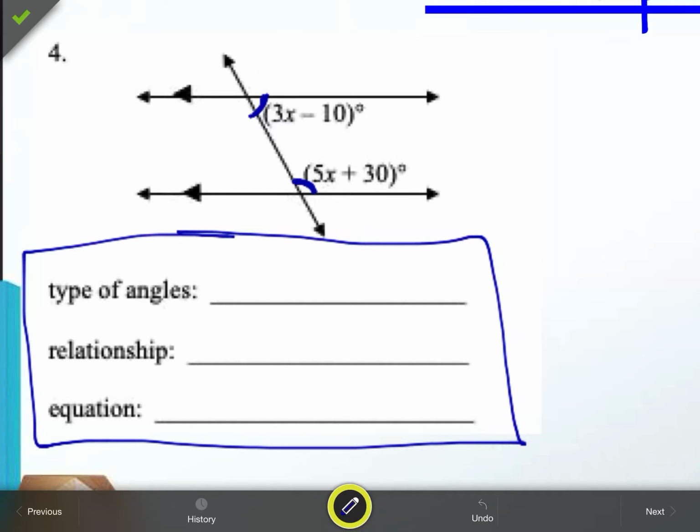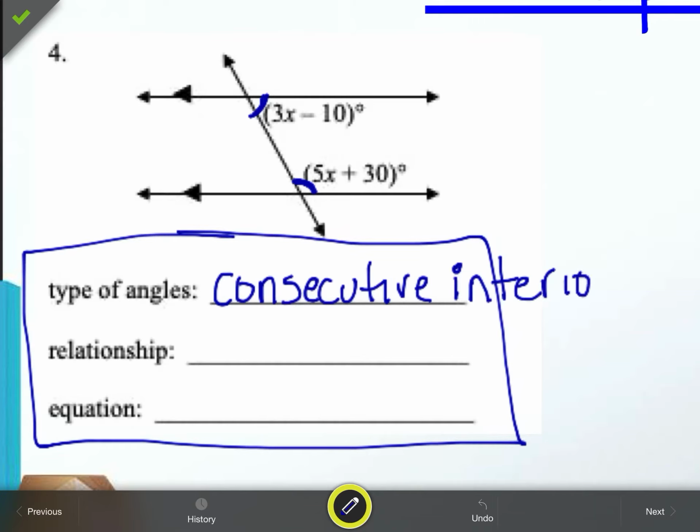They're both inside my parallel lines. Okay, so since they're on the same side of the transversal, and they're both inside my parallel lines, these are consecutive interior angles. And what do we know about consecutive interior angles?